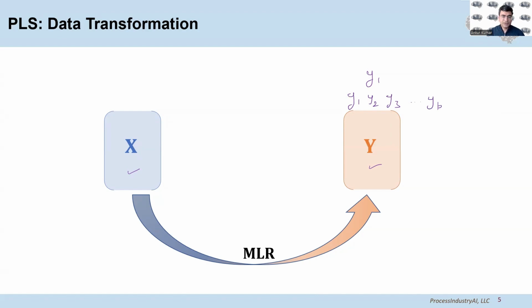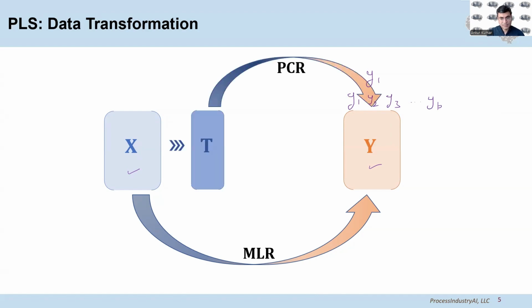Another approach that can be used is principal component regression, also called PCR. Here, the X dataset is compactly represented via a score matrix T, which is then related to Y via again multiple linear regression or multivariate linear regression.